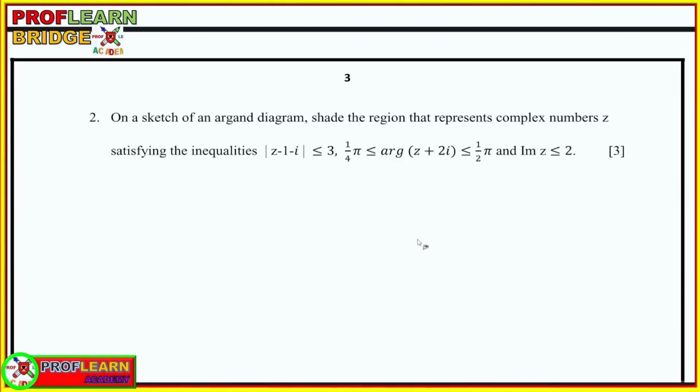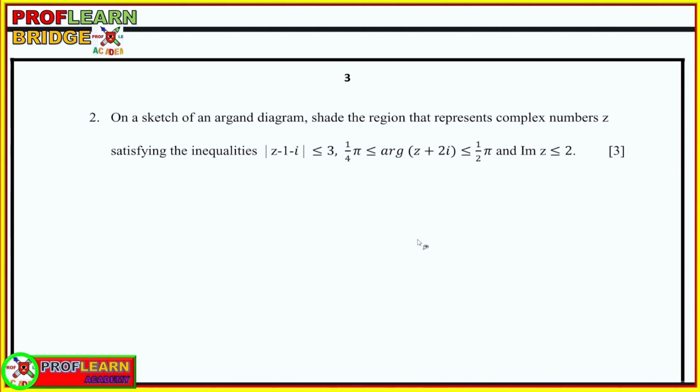The next topic that you expect to be tested in your May June exam, in your coming P3 paper, is a question on representing complex loci in an Argand diagram.